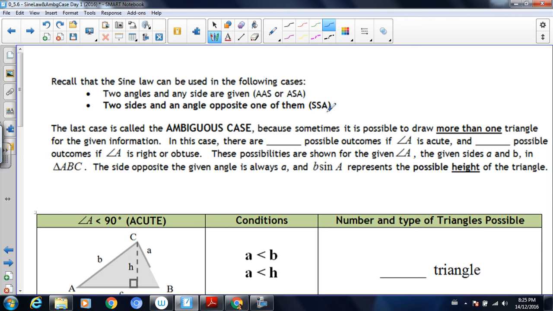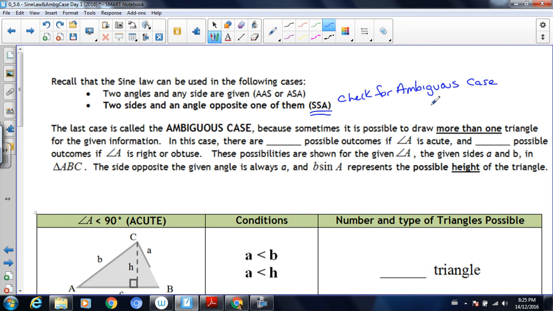In this case, when you have two sides and an angle, you must check for the ambiguous case. Now, what is the ambiguous case?